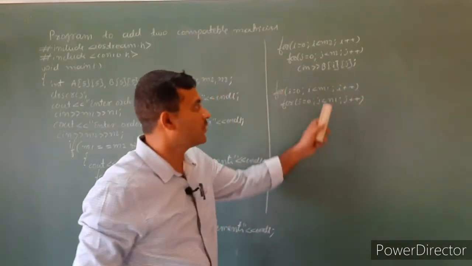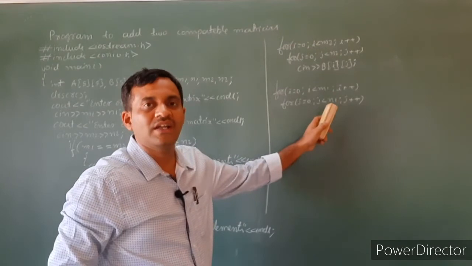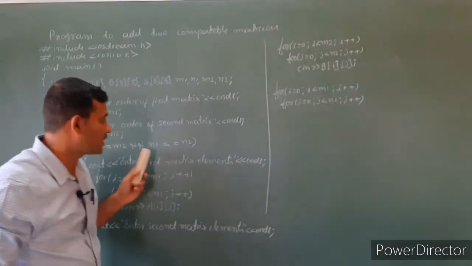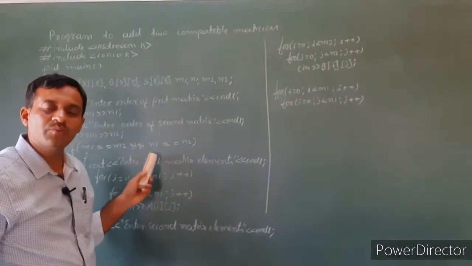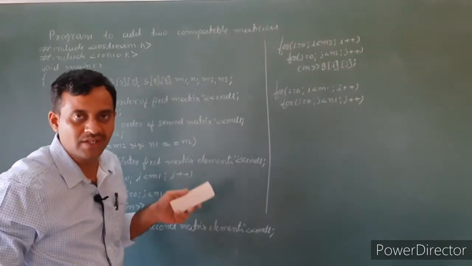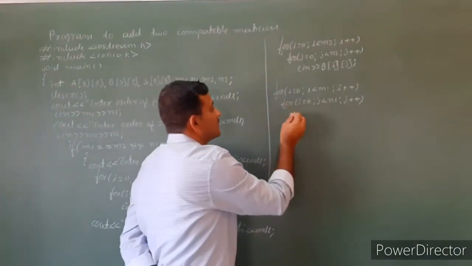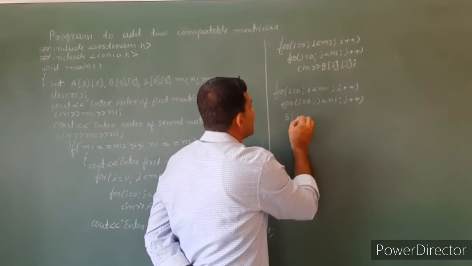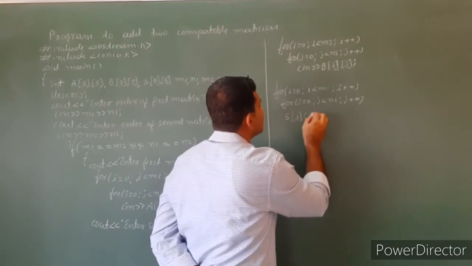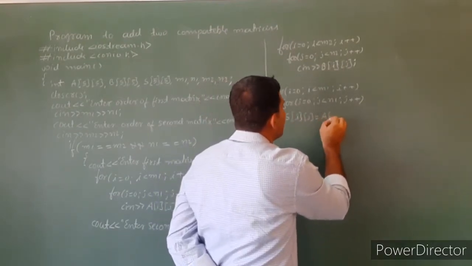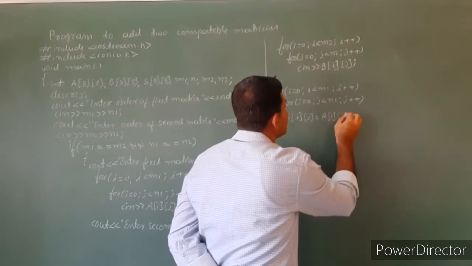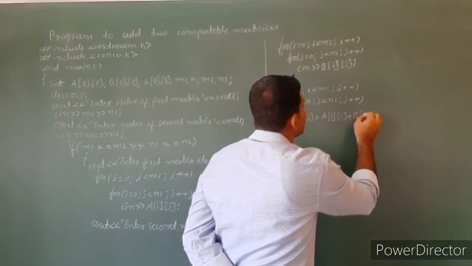Here either use M1 or M2, similarly N1 or N2, because here we already verified M1 is equal to M2 and N1 is equal to N2. Inside that, write S of i j equals A of i j plus B of i j.